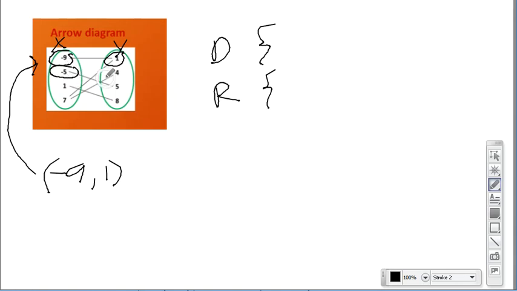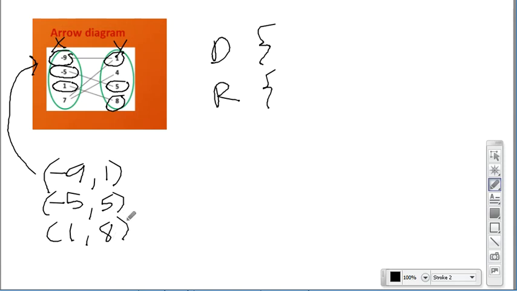Another ordered pair we have here is -5, 5. We also have 1, 8, and then we also have a 7, 1. And we have a 7, 4.